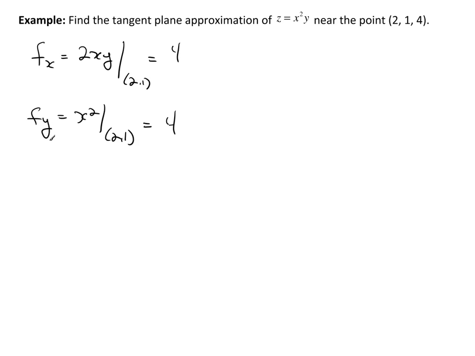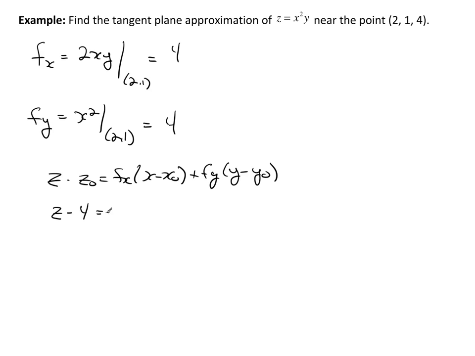The equation of the tangent plane is then, well, let's do it a couple different ways. Let's start off with z minus z naught equals the partial with respect to x times x minus x naught plus the partial with respect to y times y minus y naught. Substituting these values, I will get z minus 4 equals 4 times (x minus 2) plus 4 times (y minus 1).